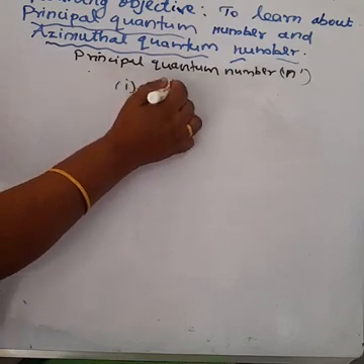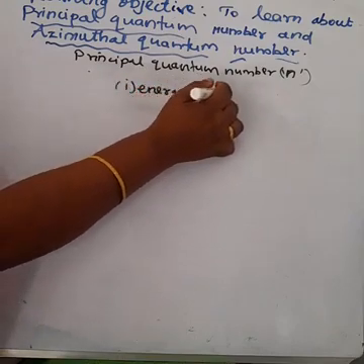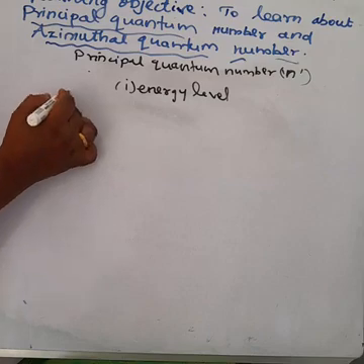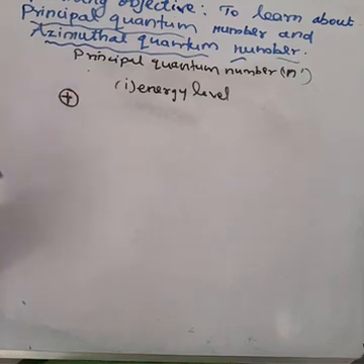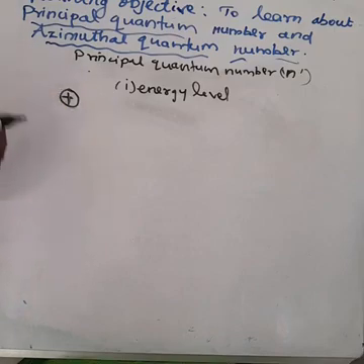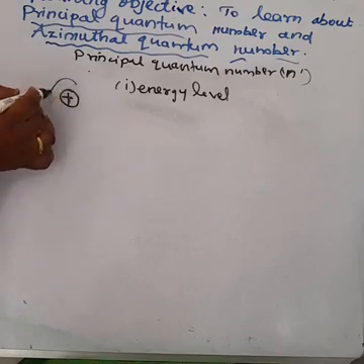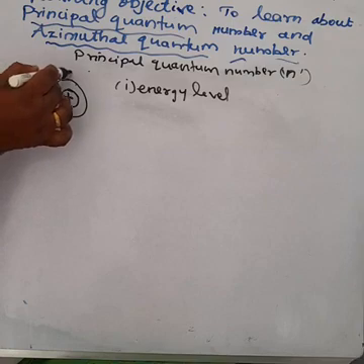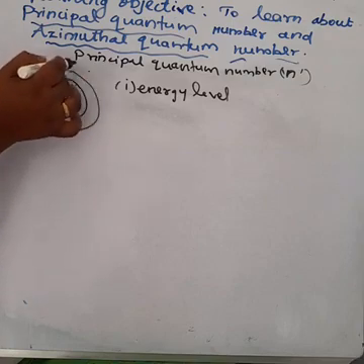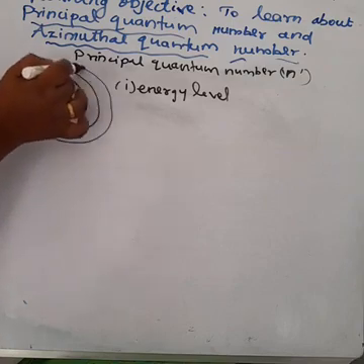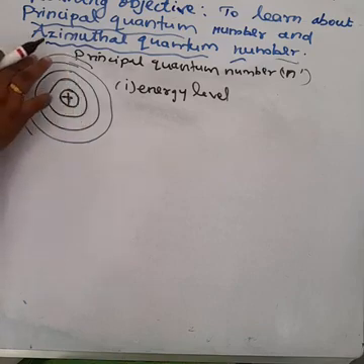You know about the nucleus. The nucleus is at the center of the atom. The electrons are revolving around the nucleus in a circular path. These circular paths we call orbits, shells, or energy levels.